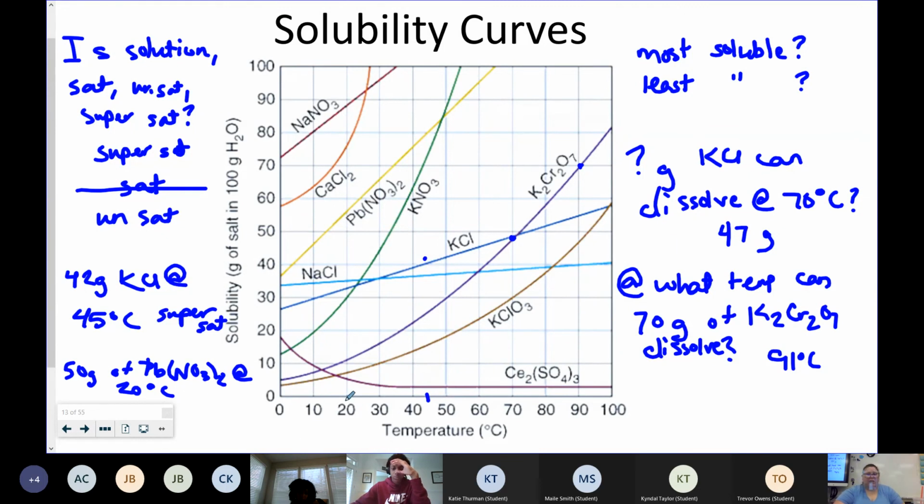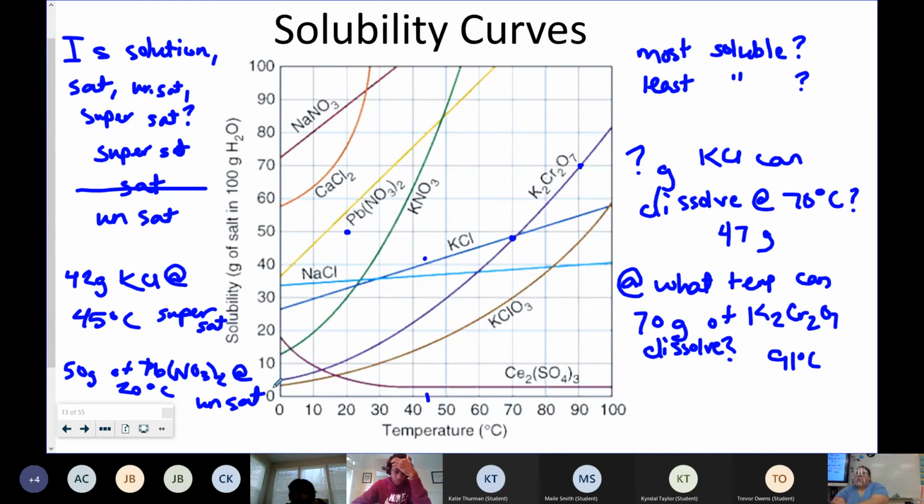So we'd say, okay, 20 degrees, go up to 50 grams, which is going to be here. So that point right there, and we want to know where that is in relation to the line for the lead 2 nitrate, which is that yellow line. It's below the line, so this would be unsaturated. It can still dissolve more. If it were to fall directly on the line, it would just be saturated.